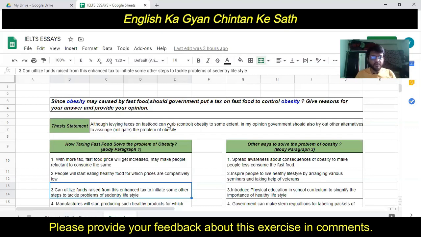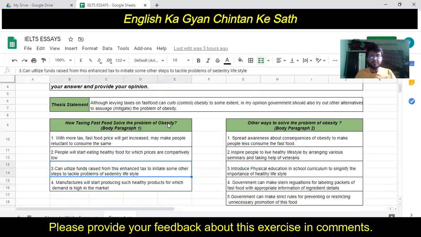Now, the third point is that by having enhanced tax, the government can utilize the funds raised from this enhanced tax, right? Let me read the point first of all. The government can also use these funds to initiate some other steps to tackle the problem of sedentary lifestyle. It means, just think that on one particular thing more taxes are applied, so the government will receive some more amount of funds, right?